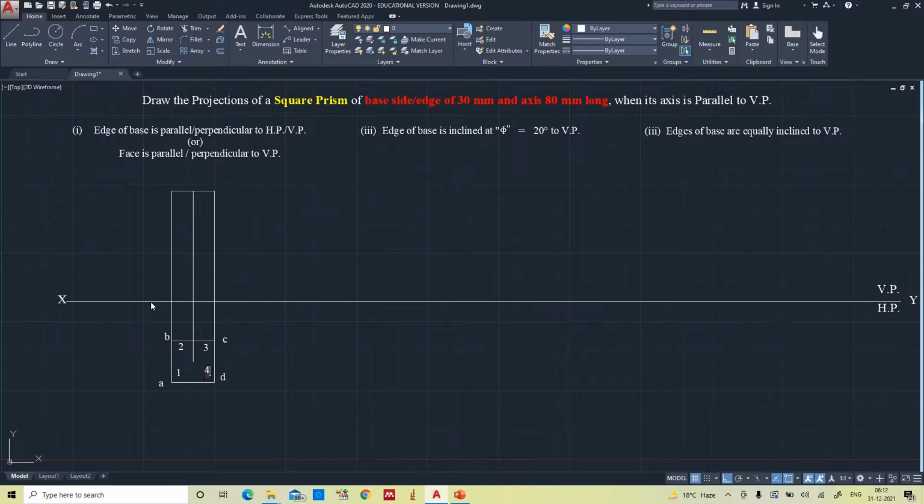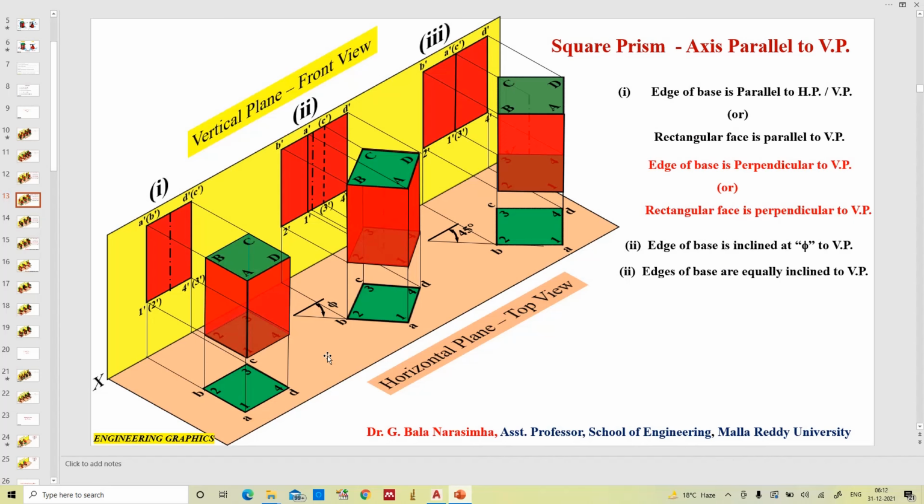As I said that this A1 is clearly visible, D4 is clearly visible, and the two edges B2 and C3 are invisible because these two edges lie beside this one, behind this one.